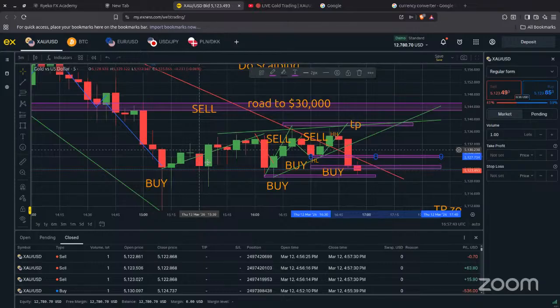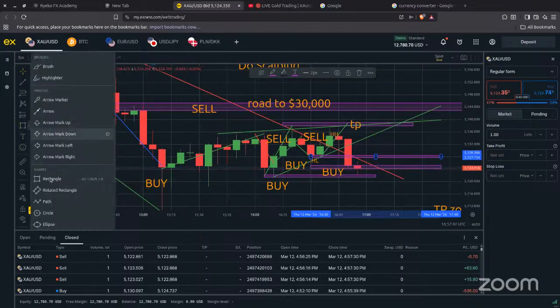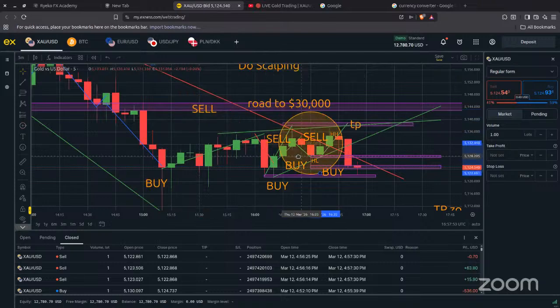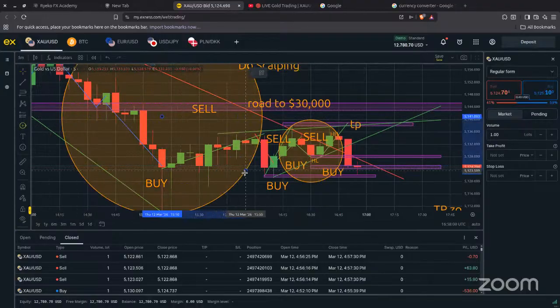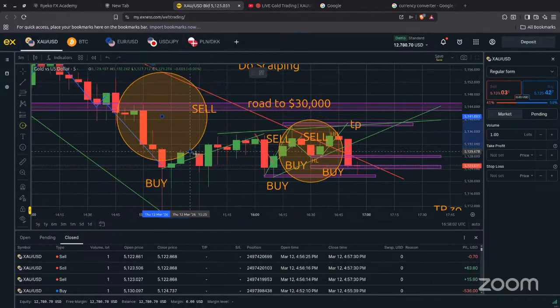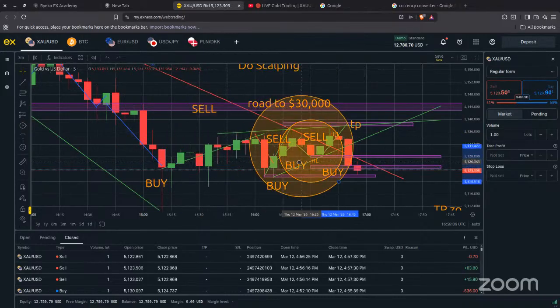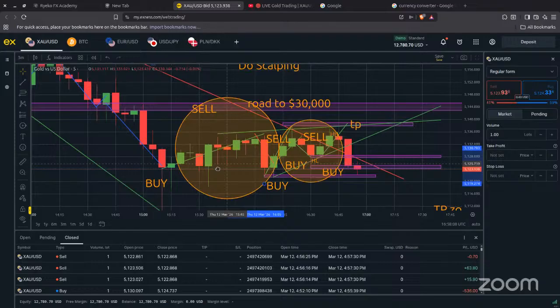This kind of zone here, this is a hard market to analyze. These zones here are very hard to analyze. That's a very difficult zone to analyze.